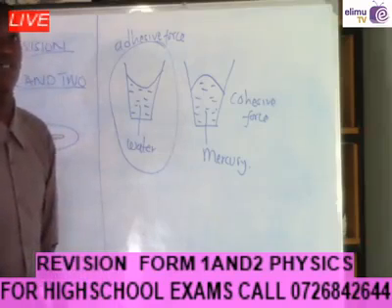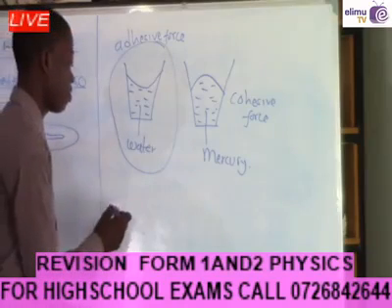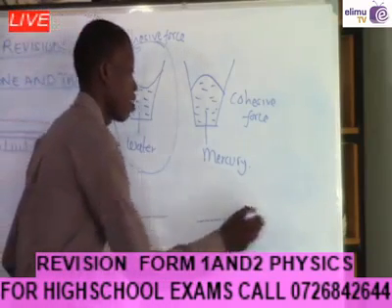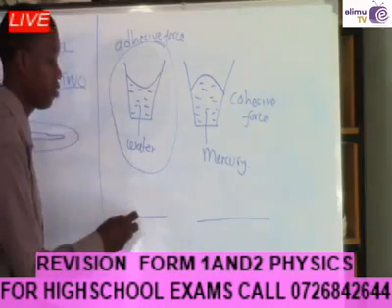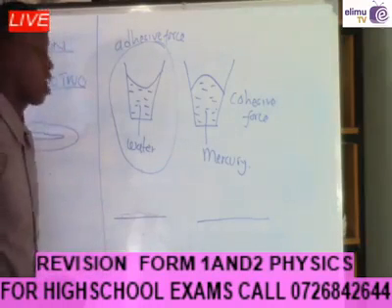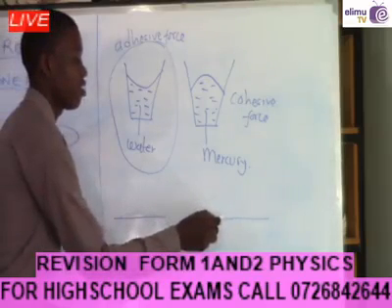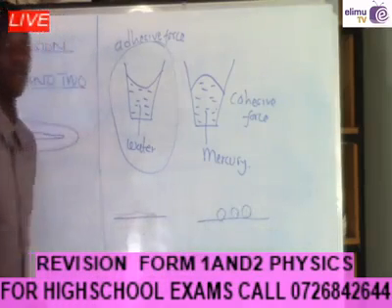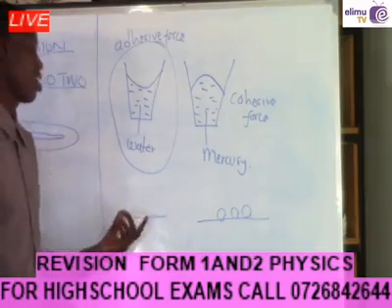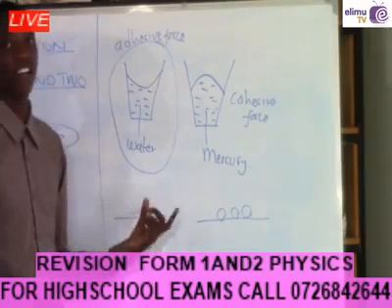Also on the surface, if you have a flat surface, when you pour water on it, it will appear like that. And when you pour mercury on a flat surface, it will form droplets in that manner. This also illustrates the cohesive and adhesive forces.